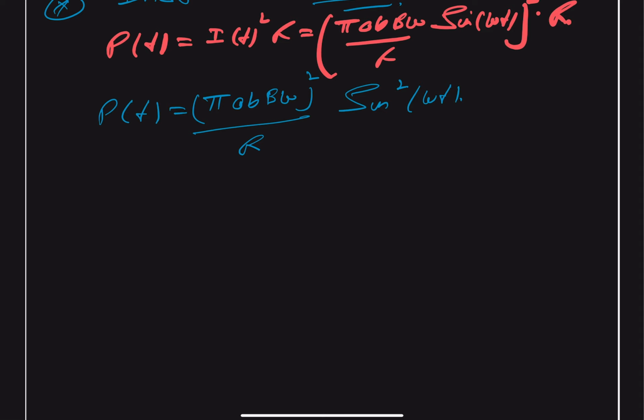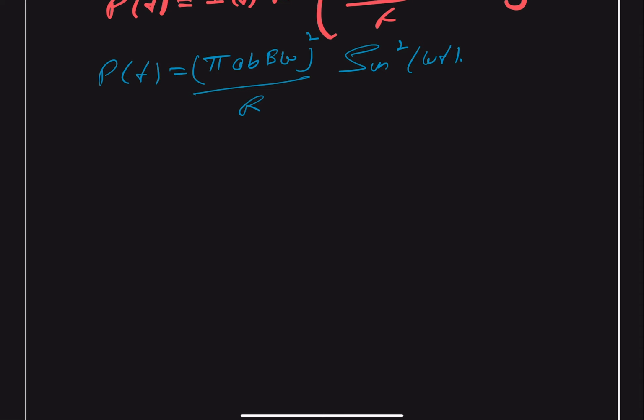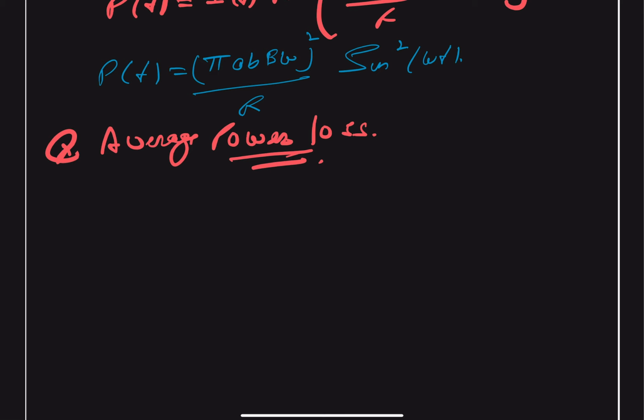Now we can find out our average power loss. In the equation we can see that our power is a time dependent function.